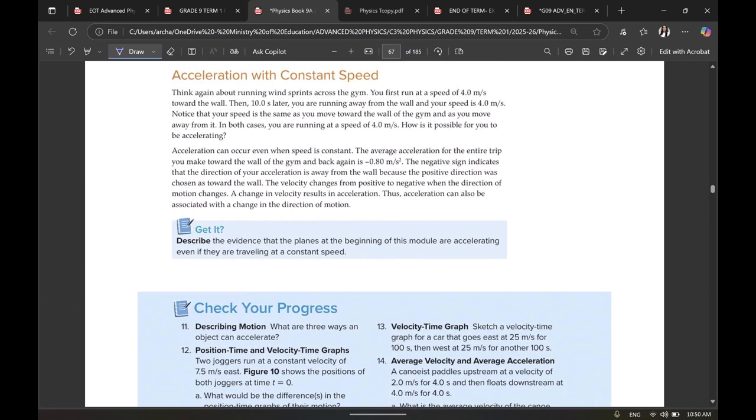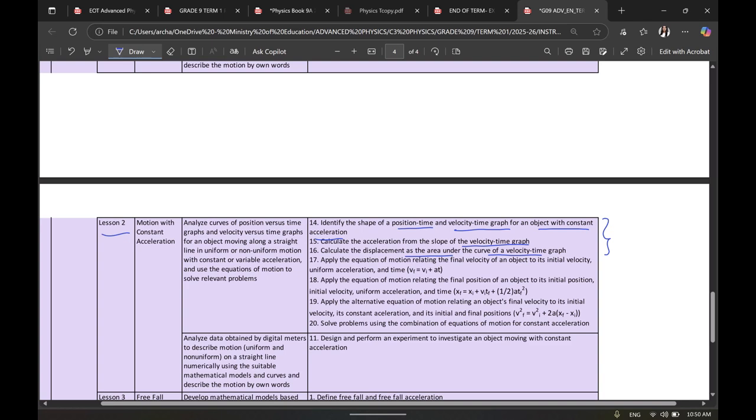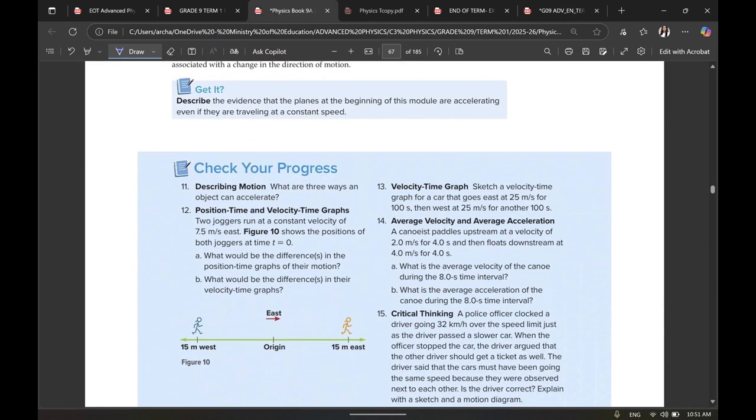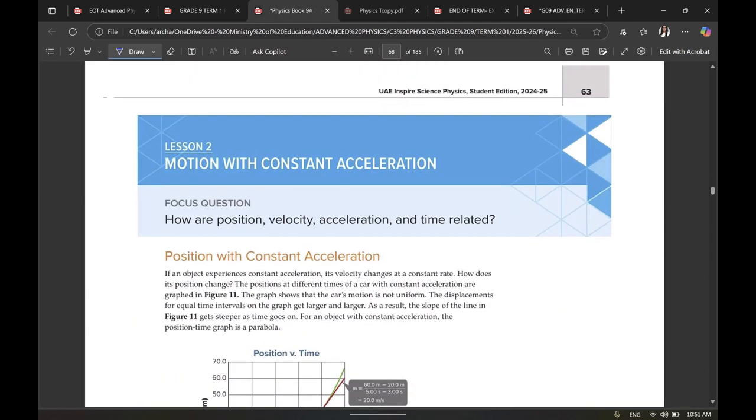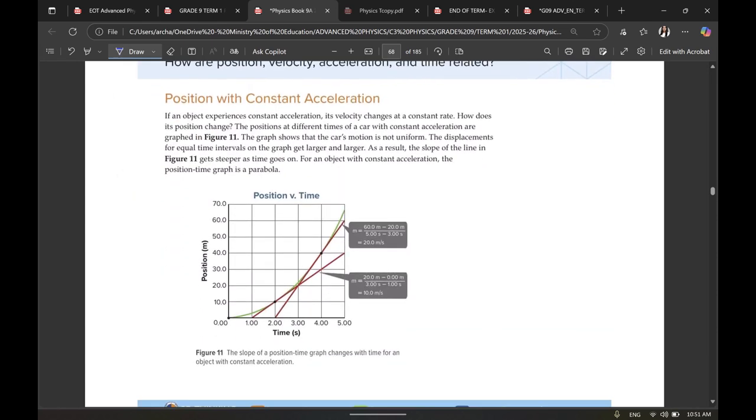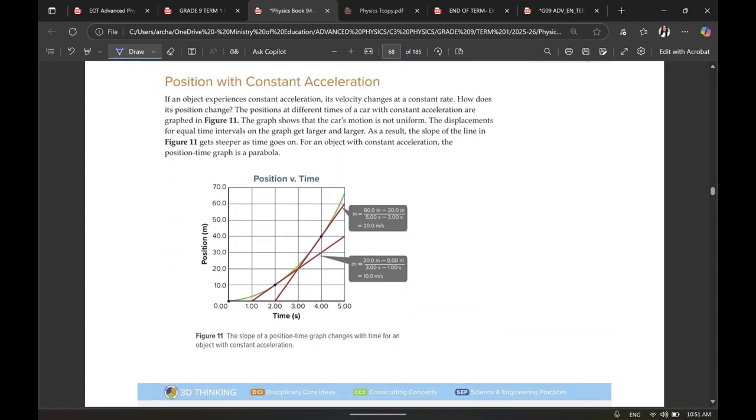Now, coming to motion with constant acceleration, that's what we are studying right now. Page number 63. Position with constant acceleration.